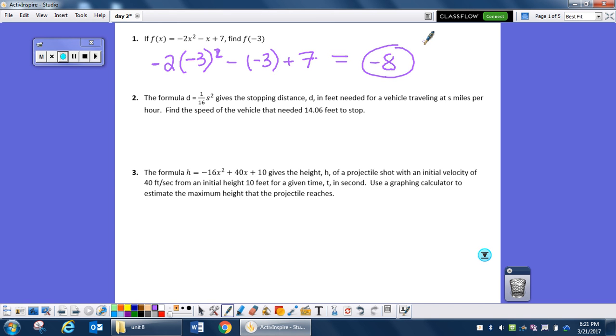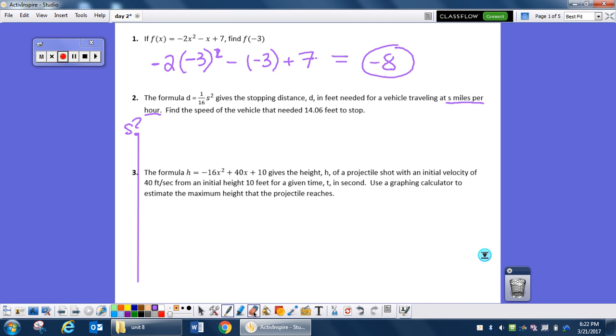All right, number 2, the formula d equals 1/16 s squared gives the stopping distance d, in feet, needed for a vehicle traveling at s miles per hour. Find the speed, so we are looking for s, because it says find the speed, and it tells us that the speed is s in miles per hour.